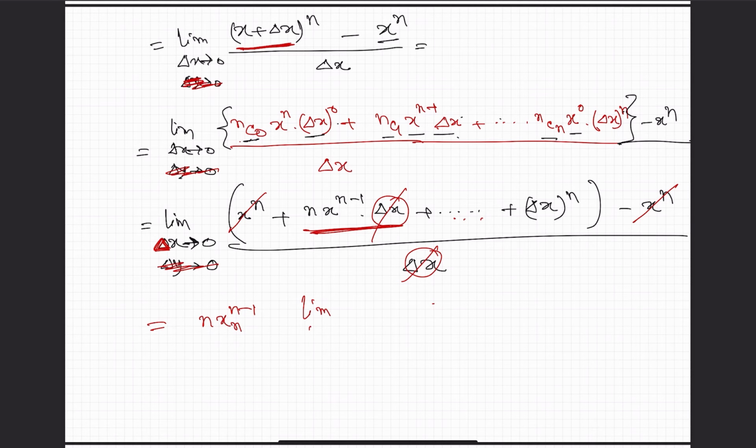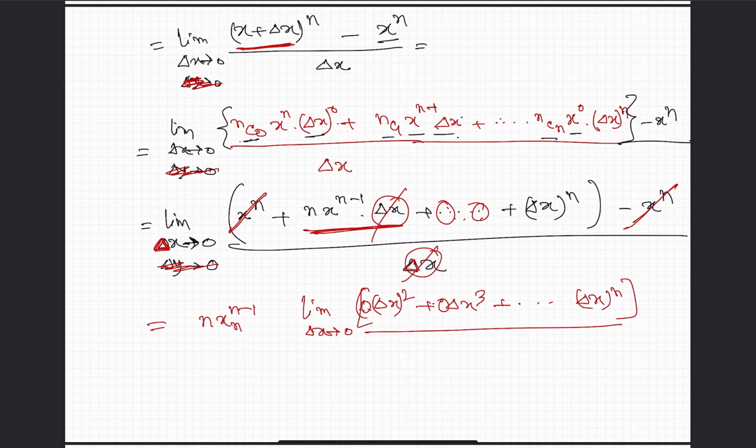After that we cannot cancel with each of the terms with del x, because these terms will be containing del x square, del x cube, and so on. So all the terms will contain del x square plus all that, and obviously with the term of x also, del x cube plus dot dot dot del x to the power n.